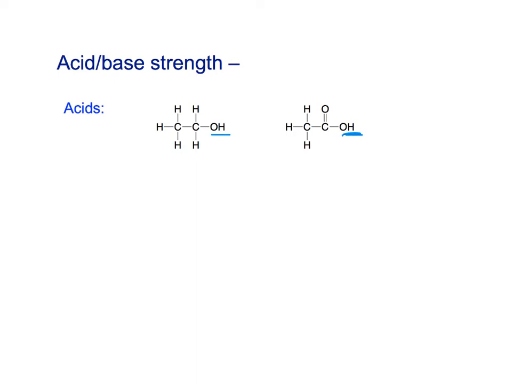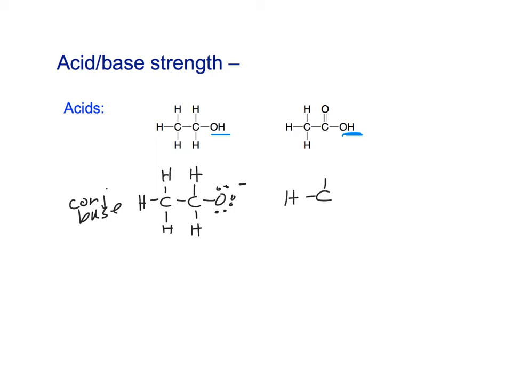So like we did before, let's go ahead and write out the conjugate bases. Let's not get distracted this time. Okay, so we'll just remove that proton on the oxygen. This oxygen will have 3 non-bonding pairs of electrons and a minus charge. Let's do the same thing for this molecule over here.